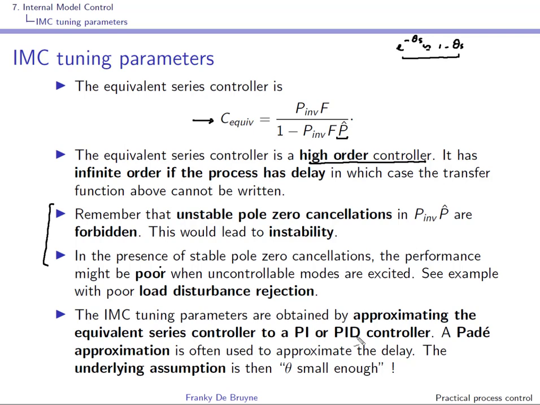In such cases, do not forget that in order to do the Padé approximation, we have to make the assumption that theta is small enough, and in most cases small enough with respect to the desired closed loop time constant.